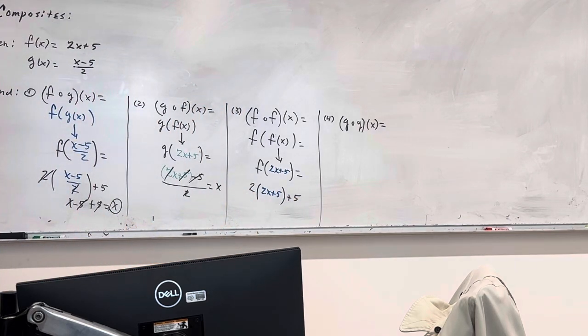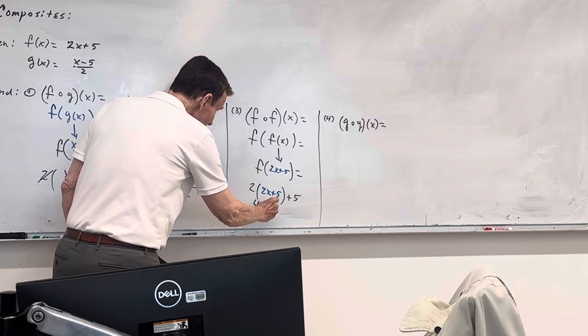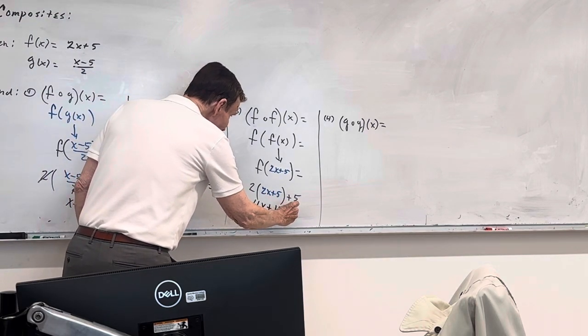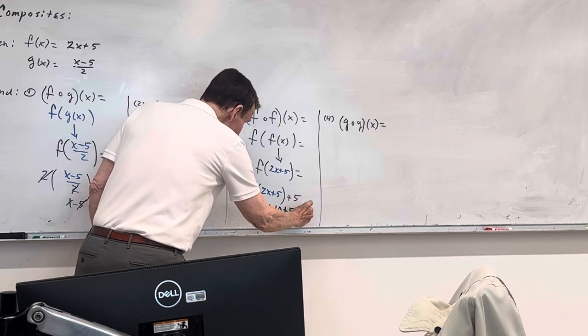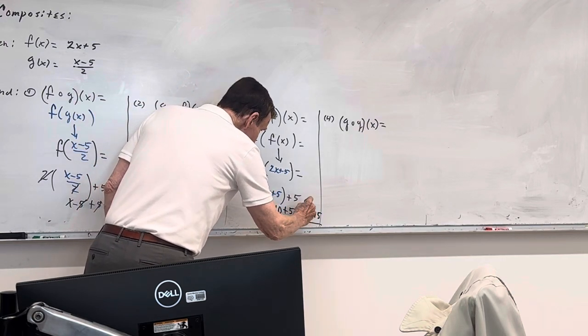Is that true, guys? Then you clean that up. I see right now this is not going to be an x, but it's going to be 4x plus 10 plus 5. Looks like it's 4x plus 15. Final answer.